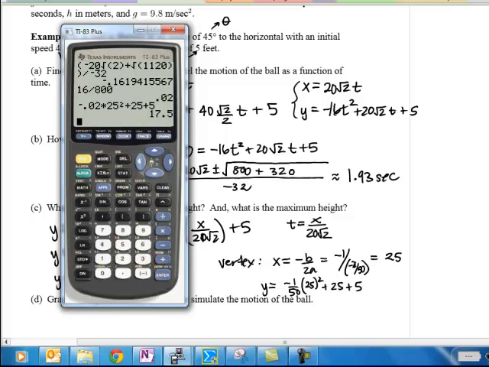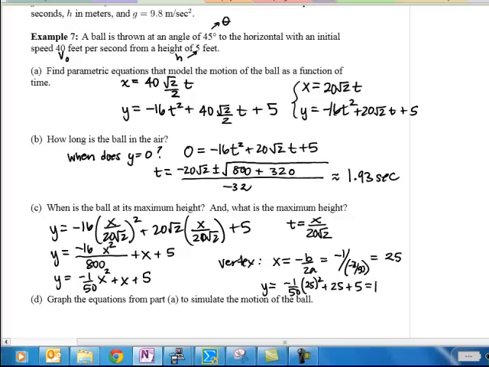So 17.5. So the max height is going to be 17.5 feet.